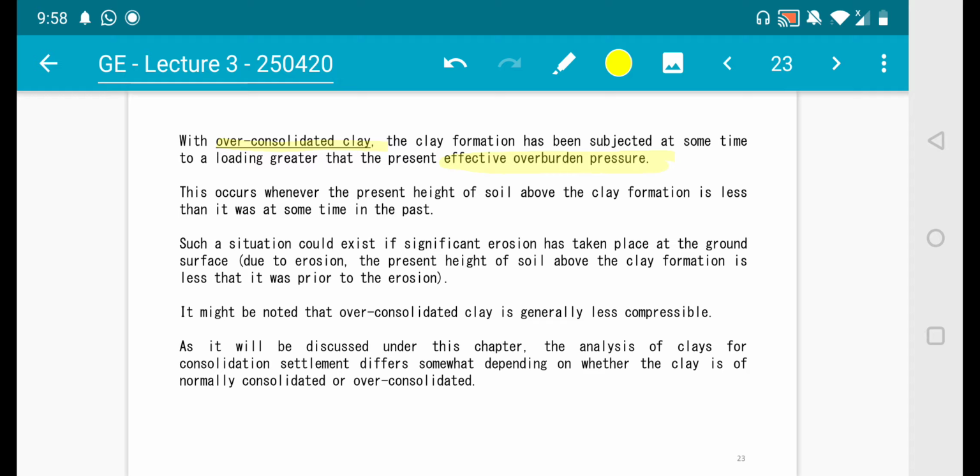Due to erosion, the present height of soil above the clay formation is less than it was prior to the erosion. It might be noted that over-consolidated clay is generally less compressible. As will be discussed under this chapter, the analysis of clays for consolidation settlement differs somewhat depending on whether the clay is normally consolidated or over-consolidated.